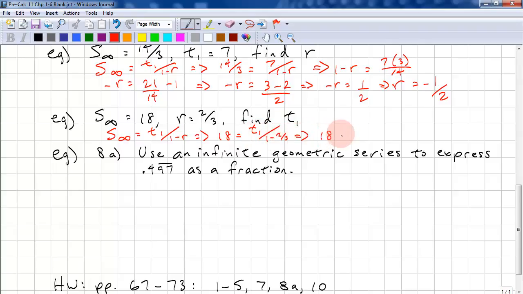This is 18 equals T1 over 1/3. And we multiply both sides by 1/3. So T1 equals 6. We're multiplying by 1/3 because we're dividing by 1/3 here, and the opposite of that is multiply.